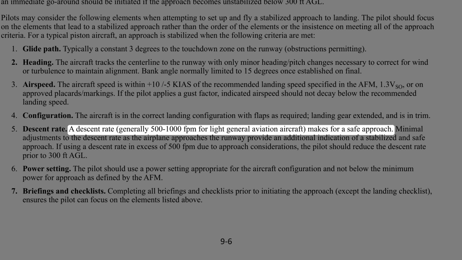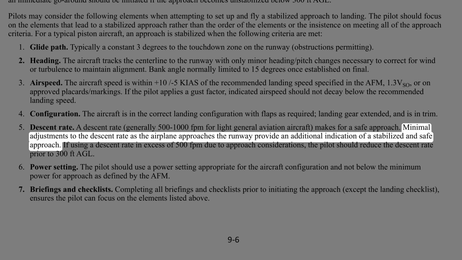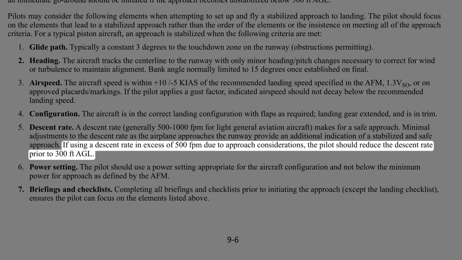Descent rate, a descent rate, generally 500-1000 fpm for light general aviation aircraft, makes for a safe approach. Minimal adjustments to the descent rate as the airplane approaches the runway provide an additional indication of a stabilized and safe approach. If using a descent rate in excess of 500 fpm due to approach considerations, the pilot should reduce the descent rate prior to 300 feet AGL.